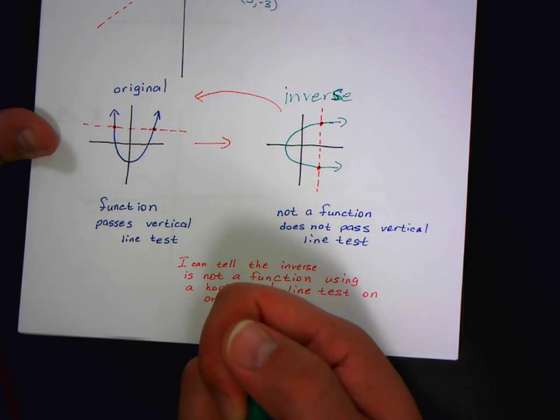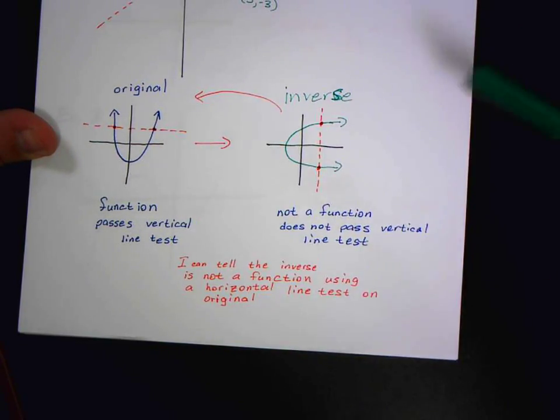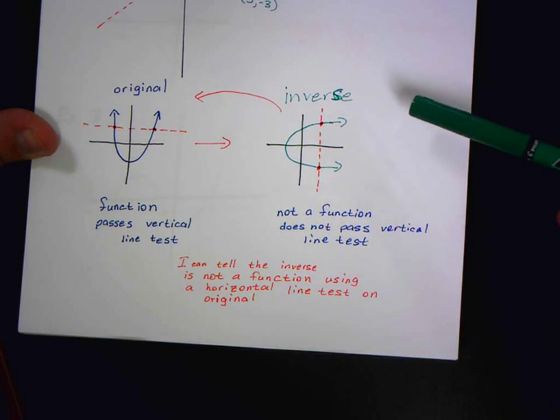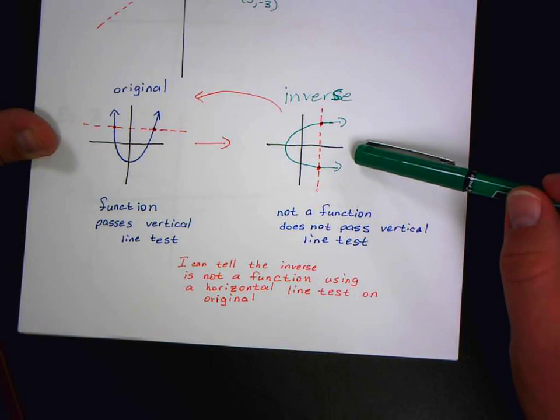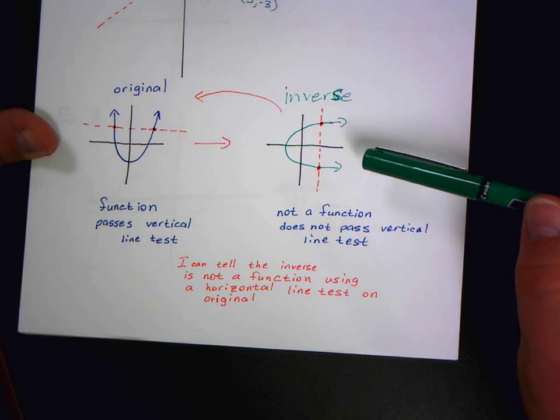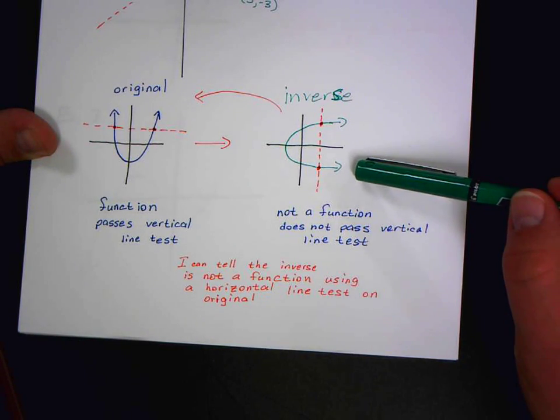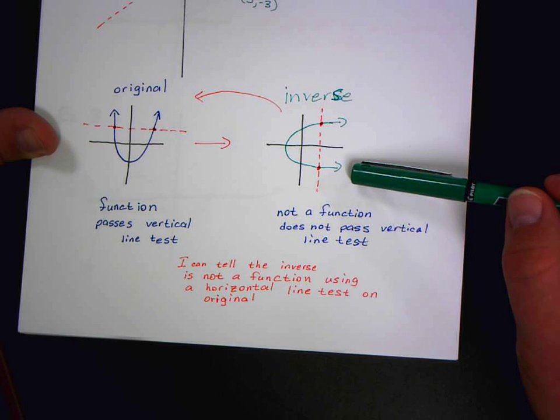A square root. Well, we just said that a quadratic function does not have an inverse that is a function, right? Is a square root a function? Yes. So you just contradicted yourself. What's wrong with all that?